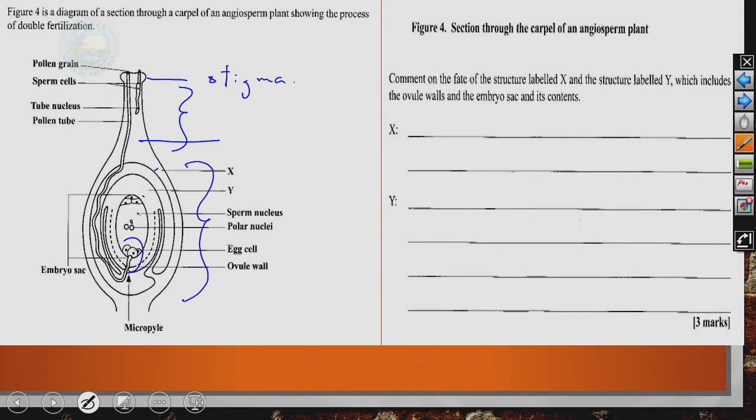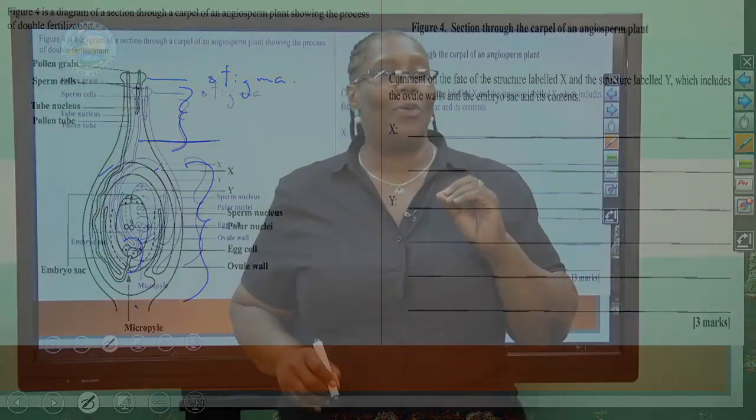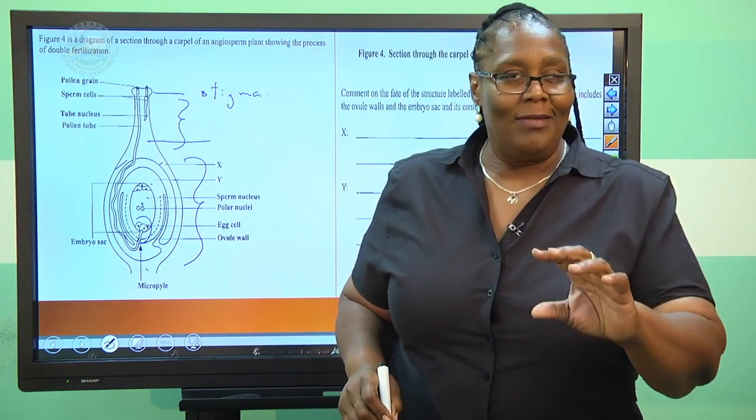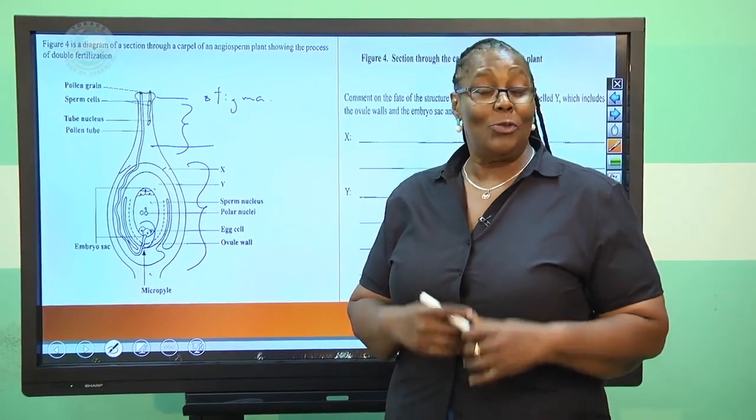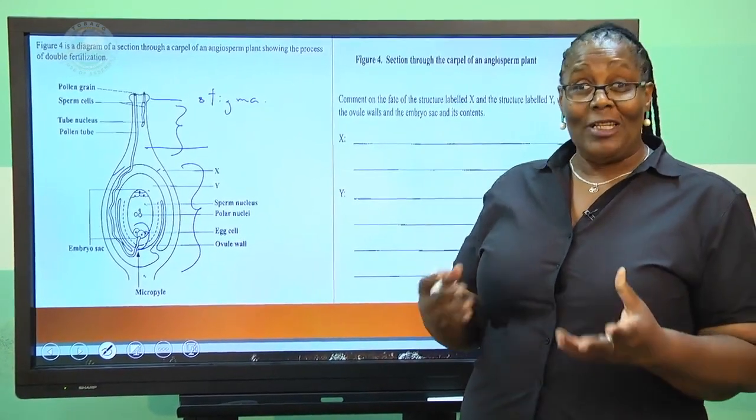But once fertilization occurs, this ovary now becomes the fruit, right? So this area here is the fruit wall, and this fruit wall is important because, remember, look at our mango that we saw earlier on. You were attracted to the mango. You wanted to eat that mango.